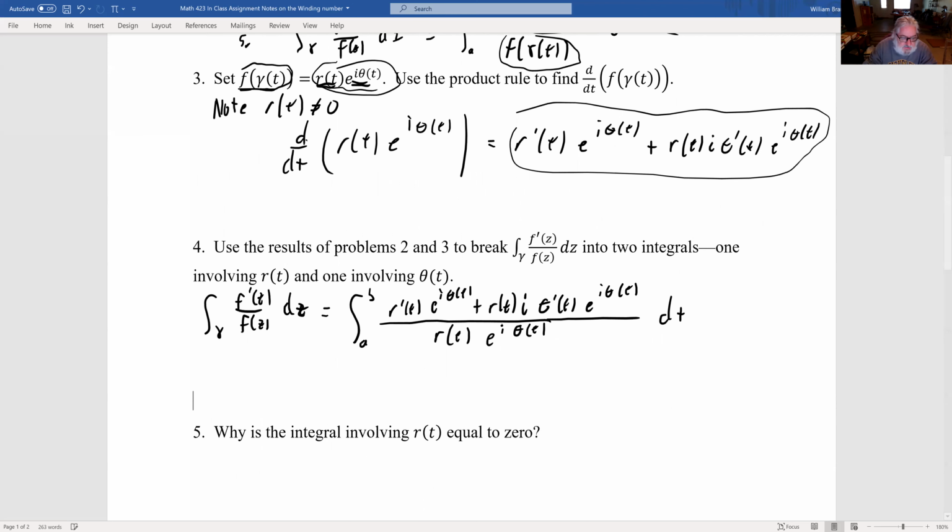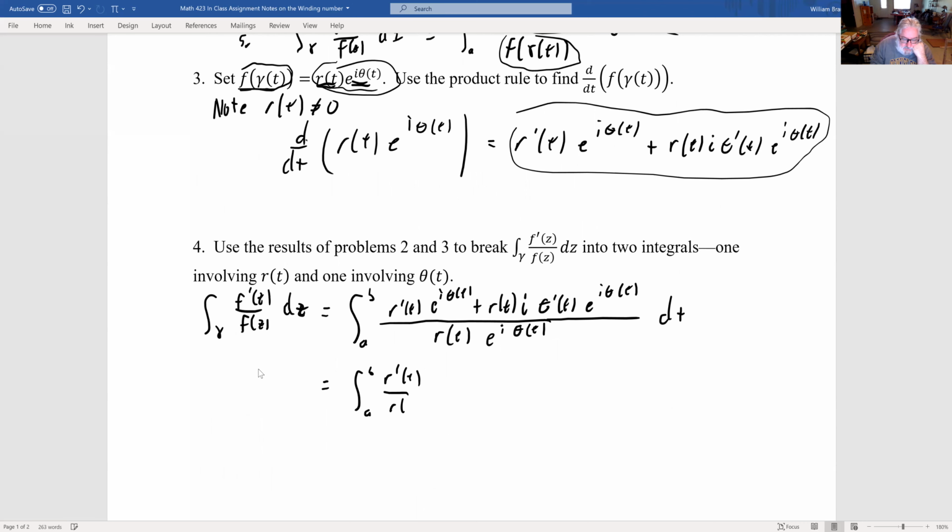And so we can break this into a couple of different integrals because if we break it into two fractions, the e to the i theta of t will cancel out of one, and we'll get this. And then I can cancel out an r of t and an e to the i theta of t out of these two, and we get i theta prime of t quantity dt.